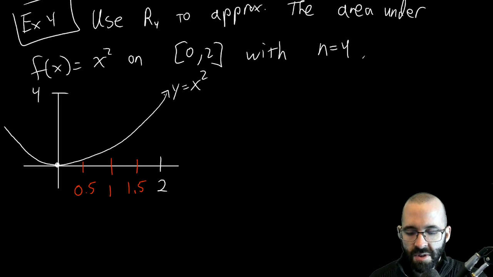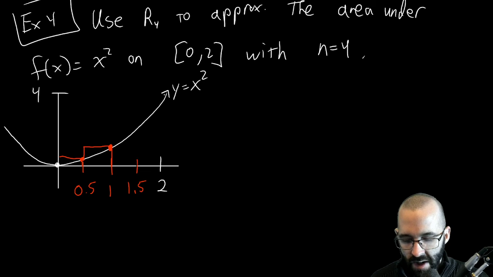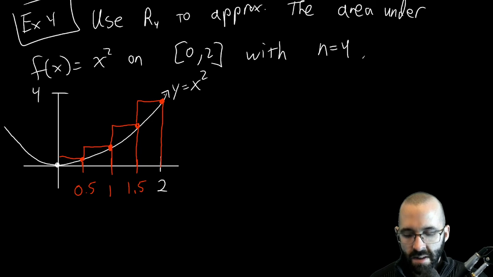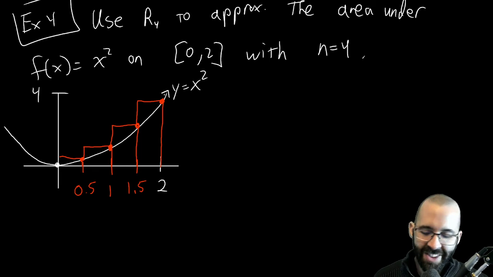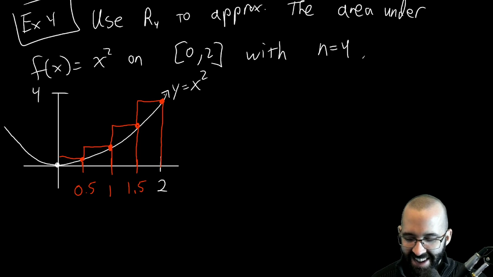And we're drawing rectangles on the right. So at the right of each interval, of each subinterval, that's where we draw the height of the rectangle. If it were the left, it'd look like that. Because it's the right, we always draw it up at the right, then down. Up at the right, and then down. Up at the right, and then down. All right? Oh, no, I'm not going to say it. I already said it accidentally.